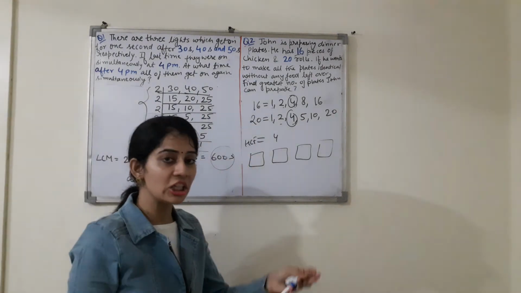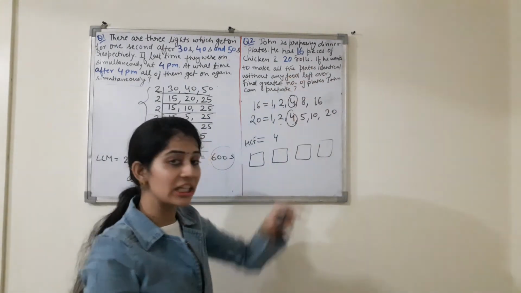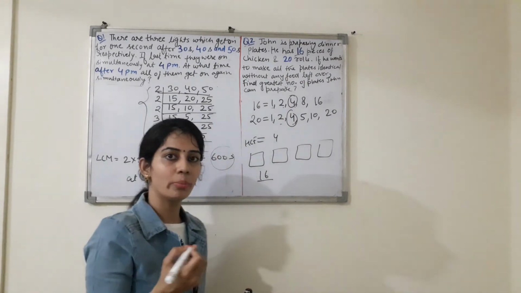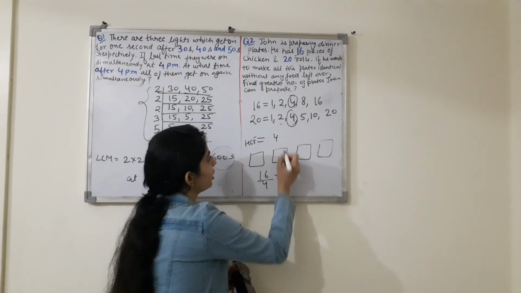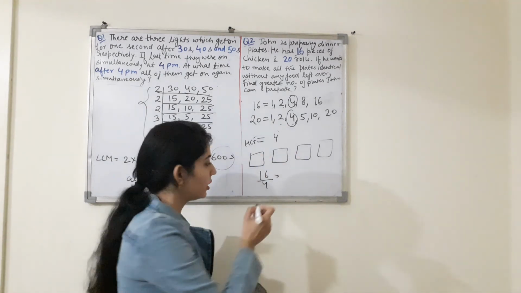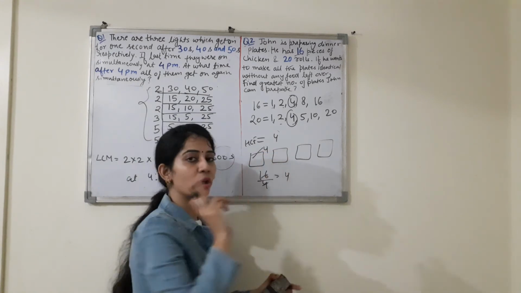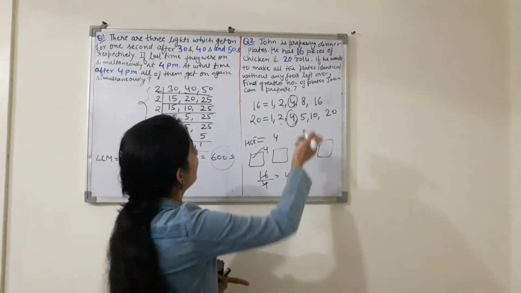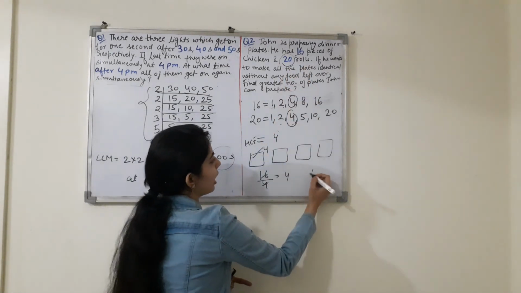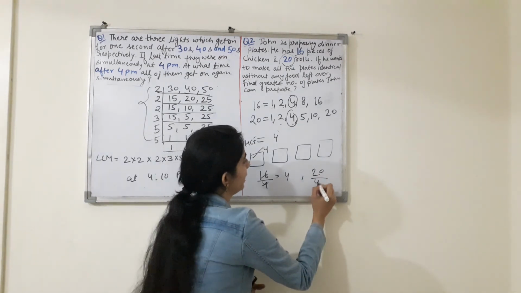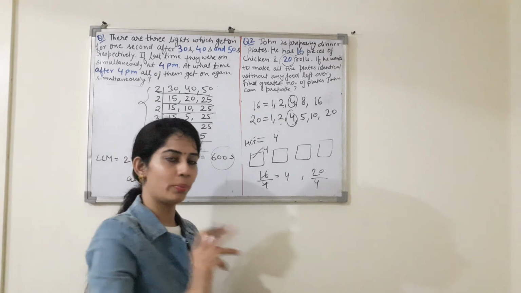Now how many items will he serve in each plate? As we have 16 pieces of chicken, in each plate how many pieces of chicken will come? You have to divide by the HCF, right? So this is your 4. It means in each plate 4 chicken pieces will be there. Now if I am talking about rolls, how many rolls are there? Total 20. And in how many plates do we have to distribute it? 4 plates.